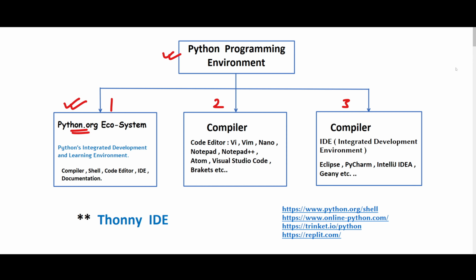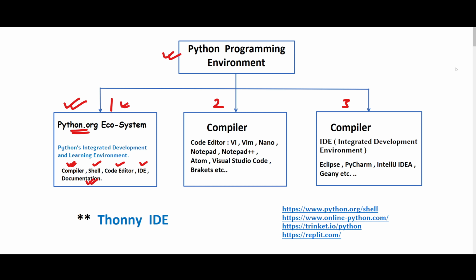When you install that setup, you get the Python interpreter, meaning the Python compiler or Python interpreter, and along with that you get a code editor or IDE, an interactive shell, as well as the documentation. So in short, that one single installation creates Python's integrated development and learning environment. This approach I have already shown you.